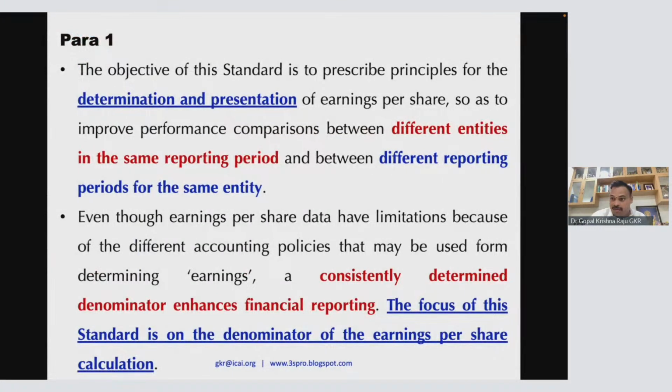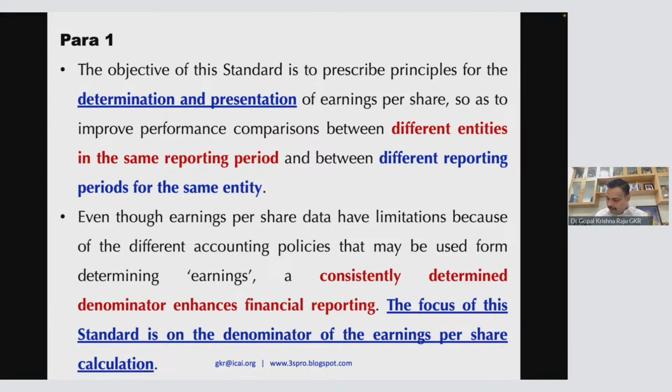My God. So I'm going to share with you some interesting annual reports, especially Marico, Shriram Housing Finance, Tata Power, and many more. These are unique annual reports, where the earnings per share is compared to your book value, the market price of the share, book value per share, face value of the share.